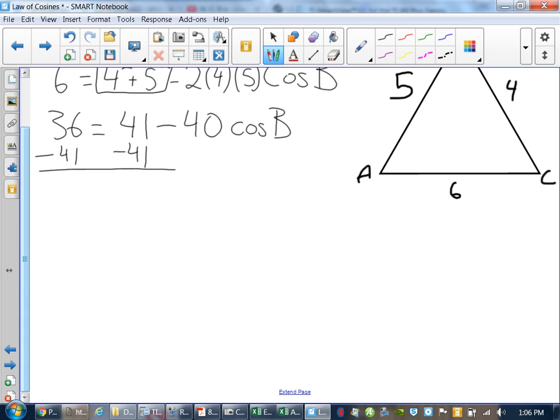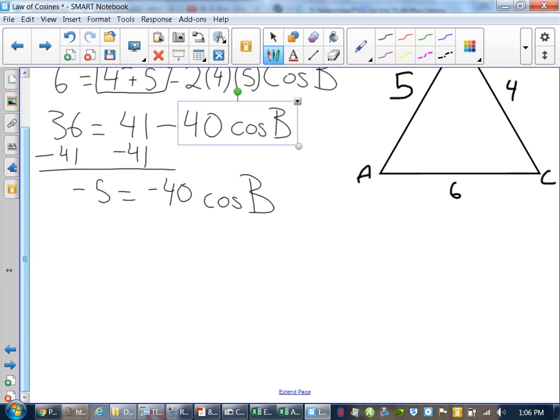I can't combine these two, because that one has a variable attached to it. Treat it the exact same way. That's why I wanted to show you that example. It's the same thing. So you get negative 5 is negative 40 times the cosine of B.